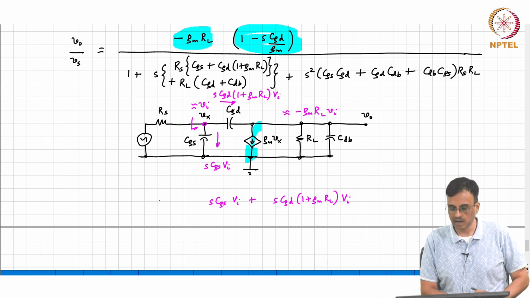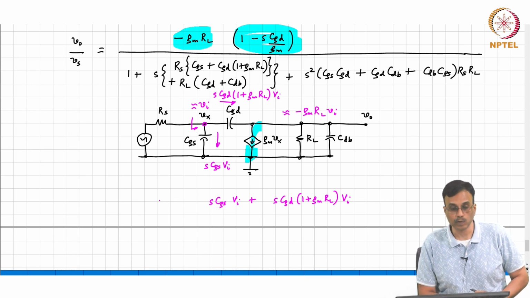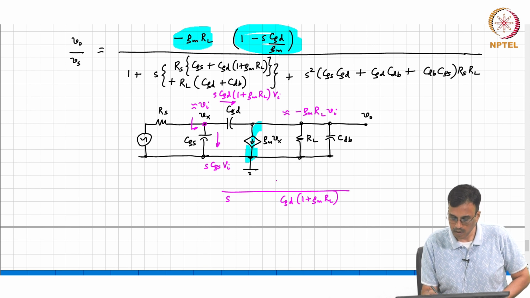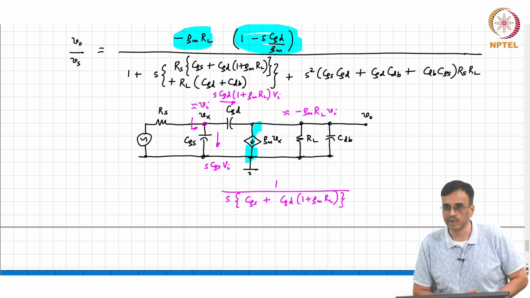So, what is the impedance looking in? The impedance looking in, therefore, is 1 upon S times CGS plus CGD times 1 plus GMRL. So, what does this element look like?